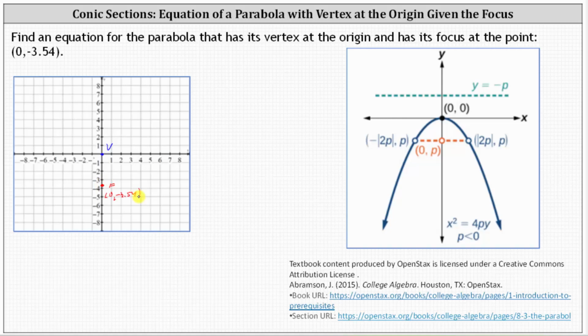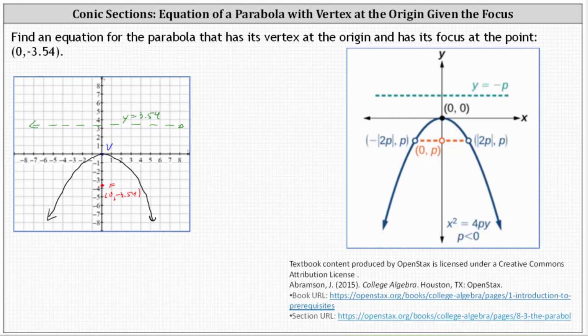And because we know the focus is inside the parabola, we know the parabola must open down. We also know the directrix is parallel to the x-axis, 3.54 units above the vertex, giving us the horizontal line of y equals 3.54 for the directrix, this horizontal line here.